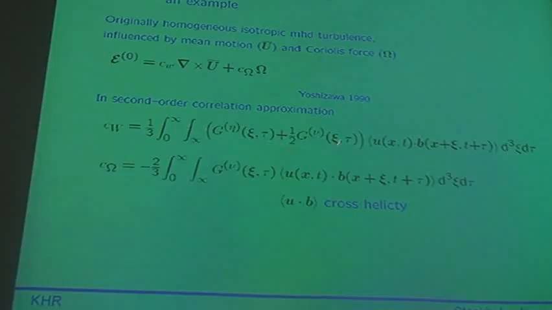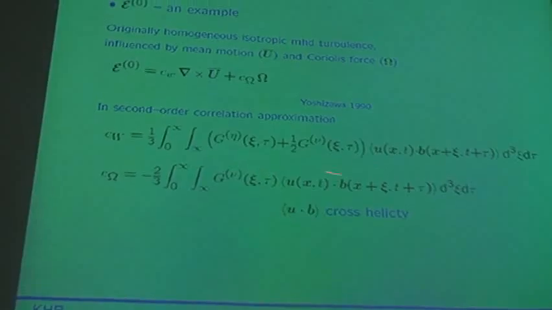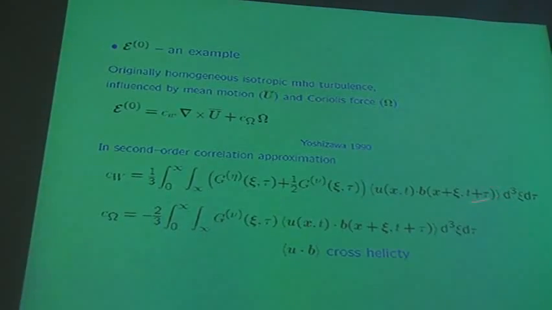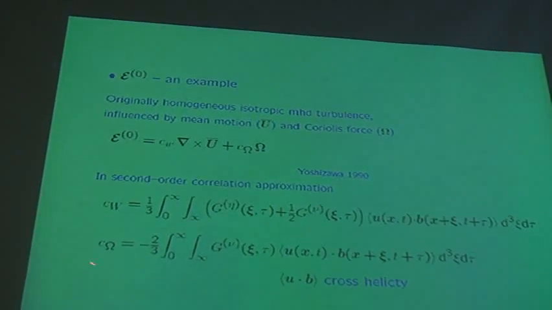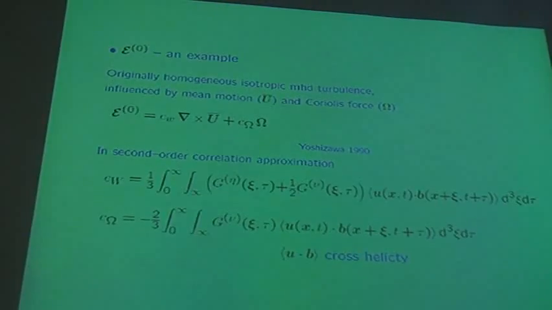If you make again a second-order correlation approximation, you find these results. G eta is the Green's function I have given in the lectures before. G nu is just the same with eta, the magnetic viscosity, replaced by nu, the kinematic viscosity, and here is the quantity of the type of the cross-helicity, and with the omega, you have this relation.